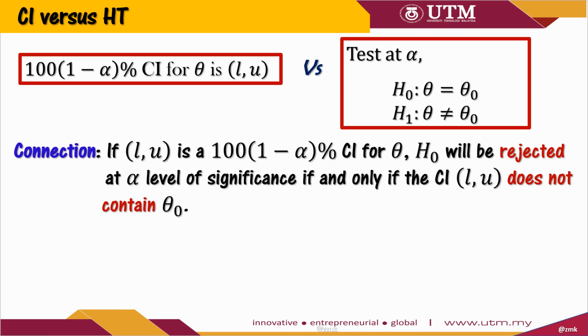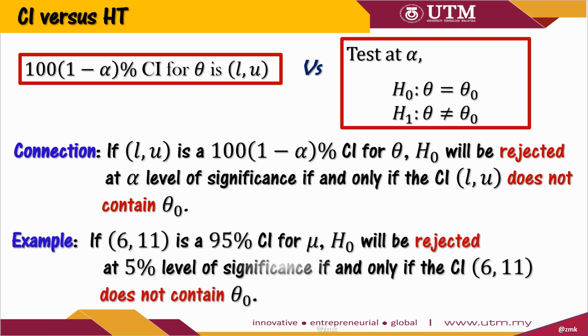For example, if an interval (6, 11) is a 95% confidence interval for a population mean mu, then at 5% level of significance, we will certainly reject H0 mu equal to mu naught if and only if mu naught is not in the 95% confidence interval (6, 11). Let's say mu naught is 12.